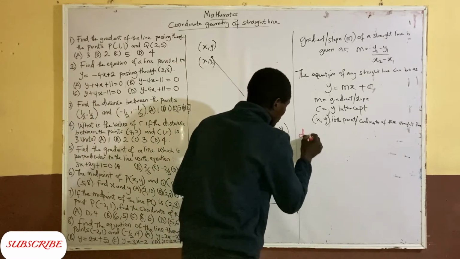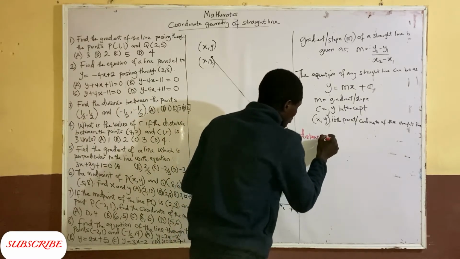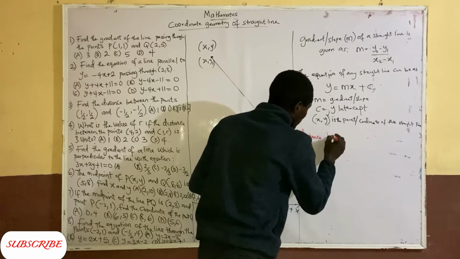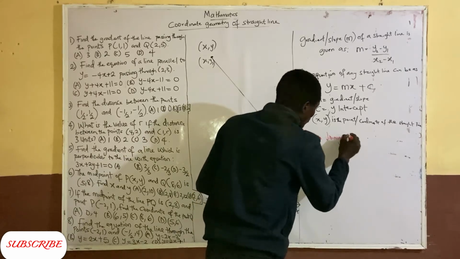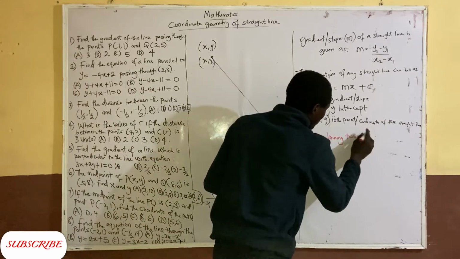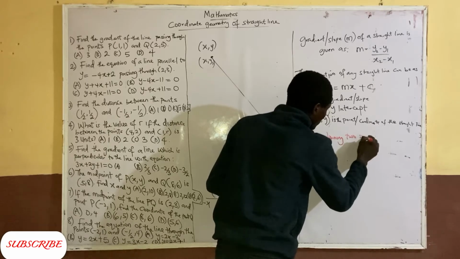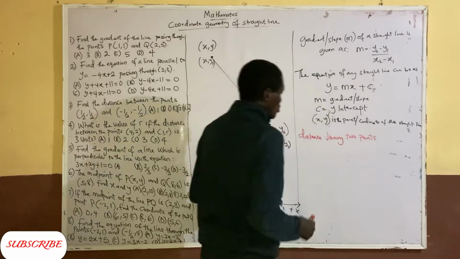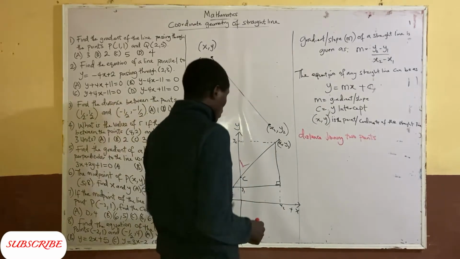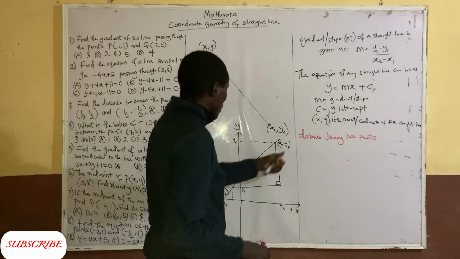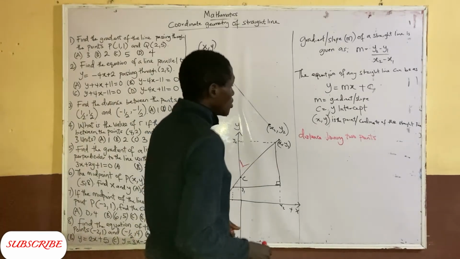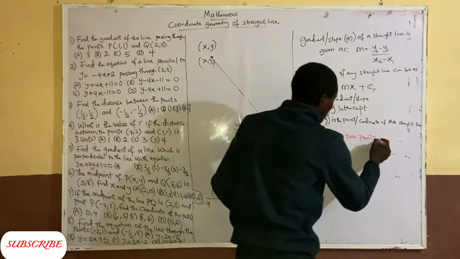So the distance joining two points together, for instance x1, y1 and x2, y2, can be obtained.